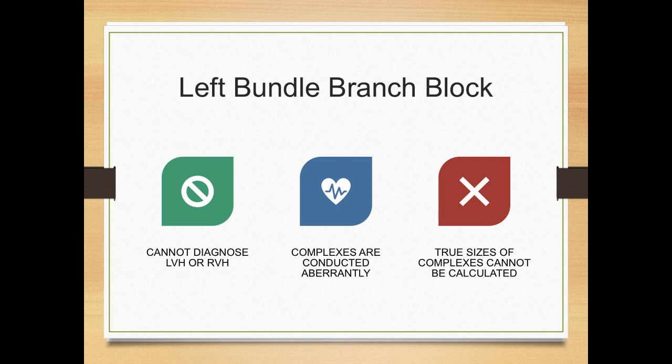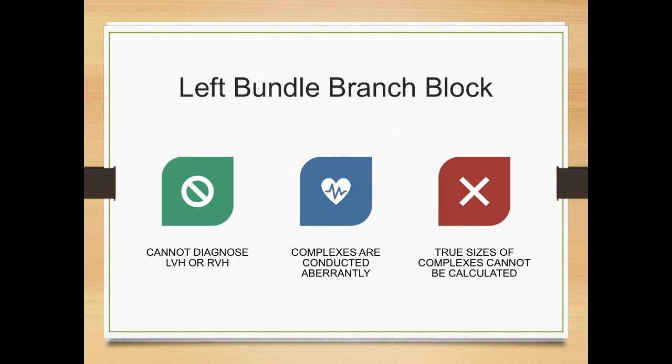Now, does your patient have a left bundle branch block and LVH? Yeah, maybe, probably. We just can't diagnose it directly from the 12 lead. They need an echo. We need to look directly at the heart itself to diagnose LVH.